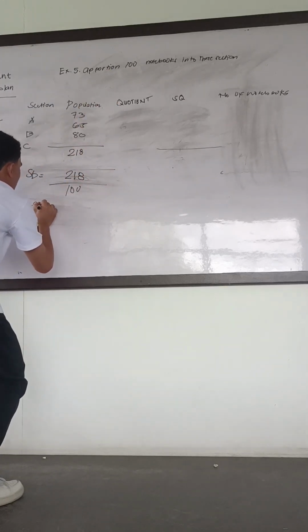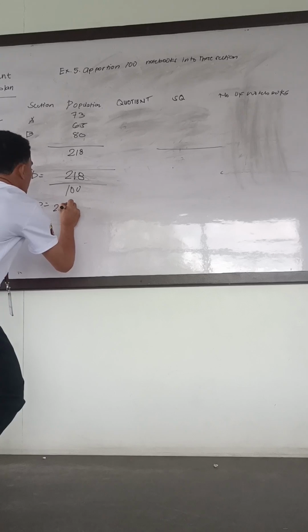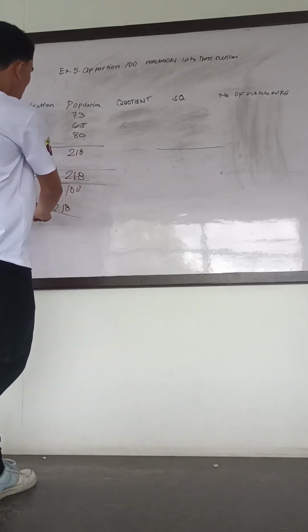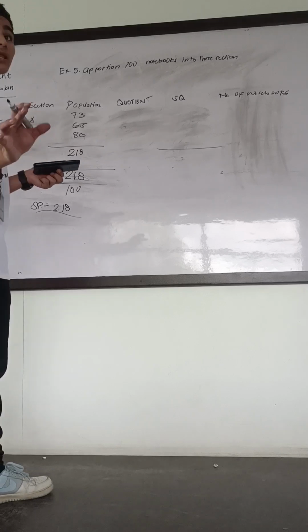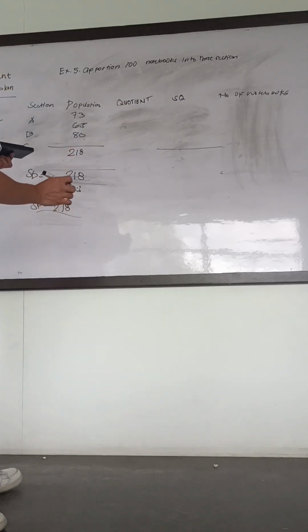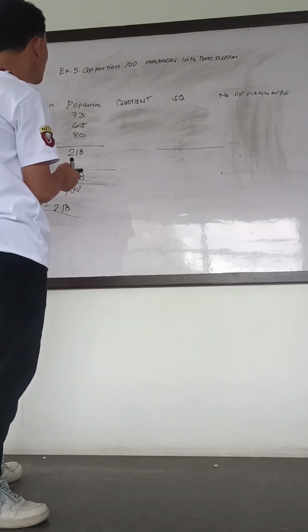So we get a standard divisor of 2.18. So that just means that we can calculate our quotient by dividing the population by the standard divisor 2.18.